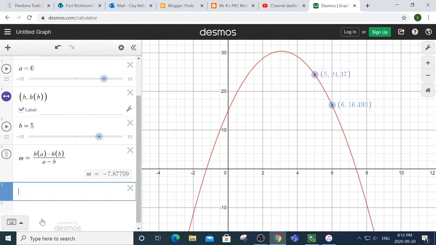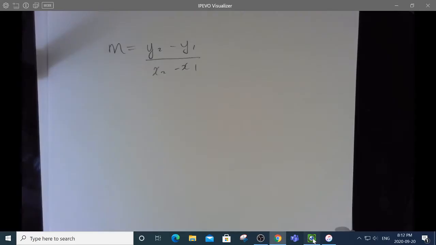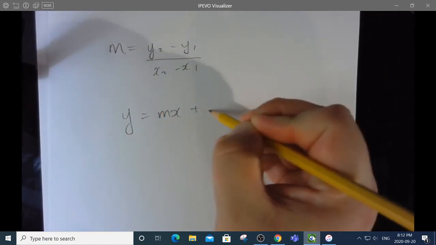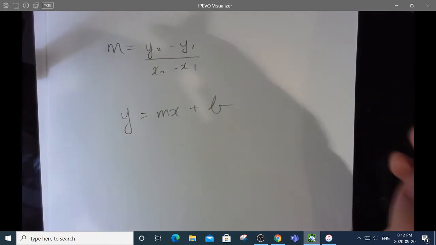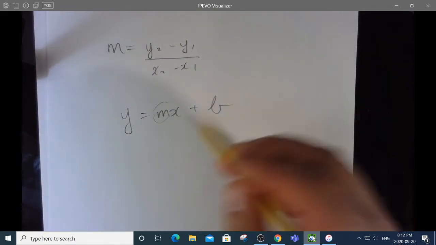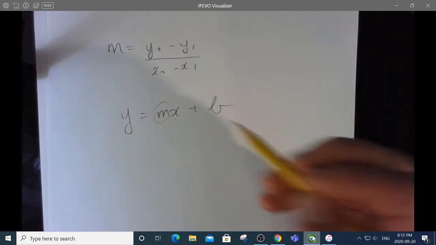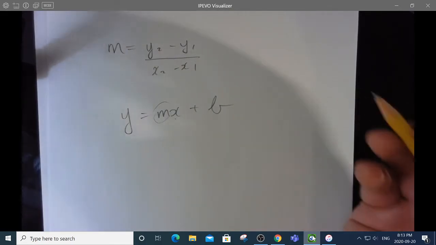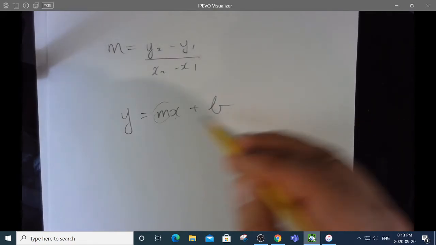Like I said a minute ago, it'd be nice if I actually could see a line. So I'm going to build a line, and let me go back to my paper. Remember that a line is y equals mx plus b. I have an m defined, but for x, I have to put that x in terms of the point A, so that it kind of anchors it to one of the points.